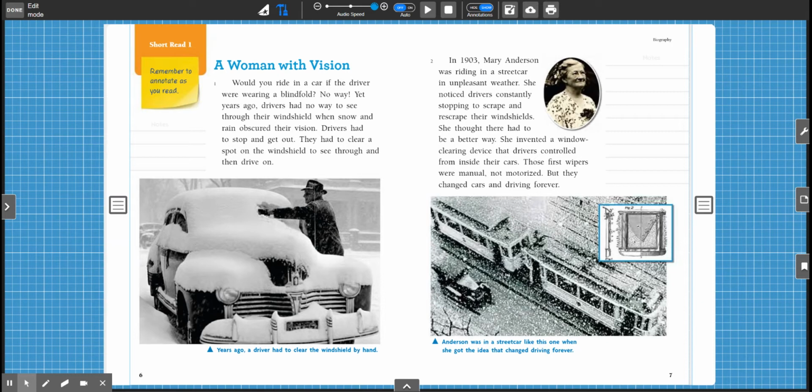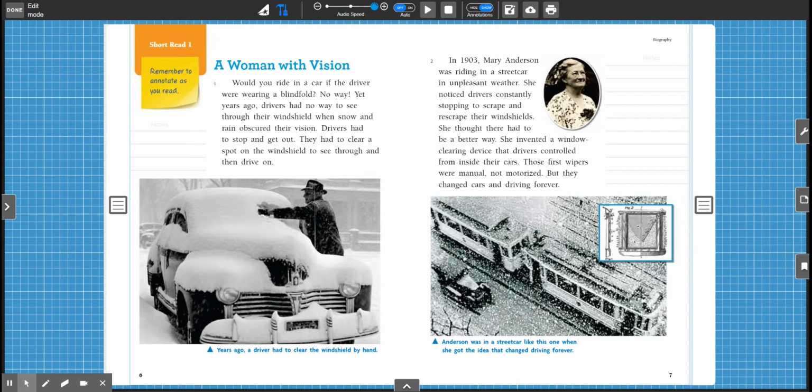I am going to have you highlight who we are reading about, when this happened, so what this person, inventor, did when it happened, where did it happen? So, where did she think of her idea? Or if it tells us like a city or a state.